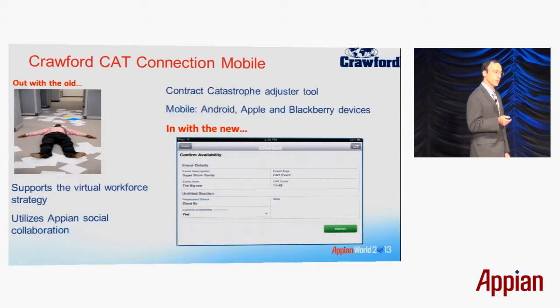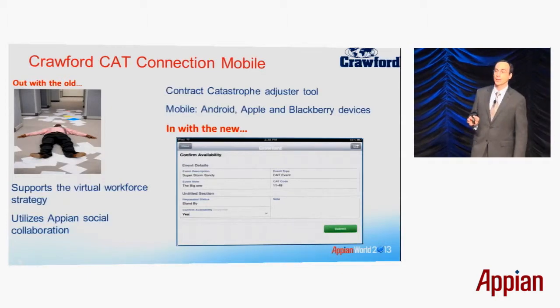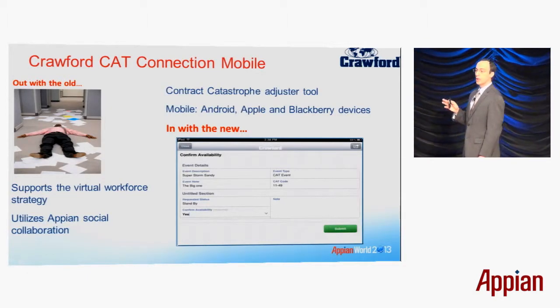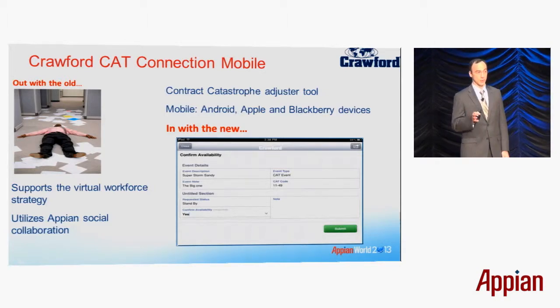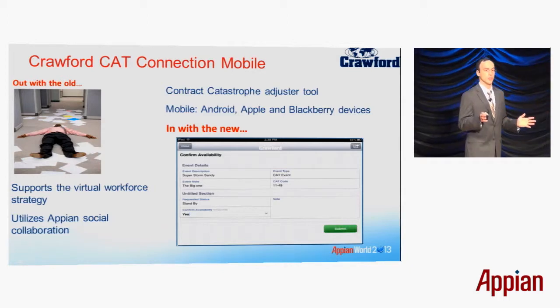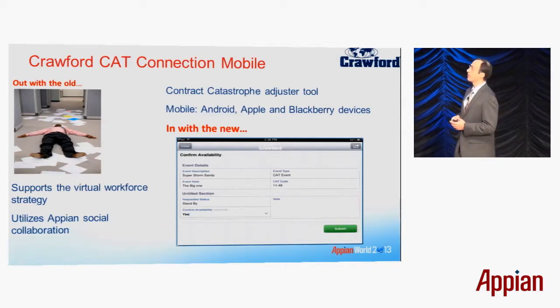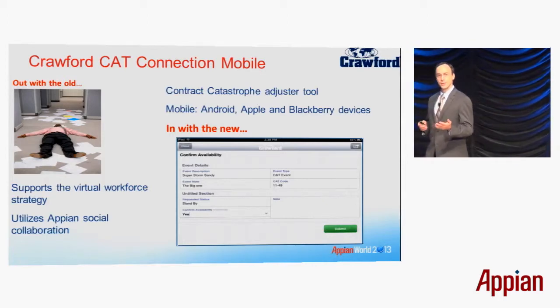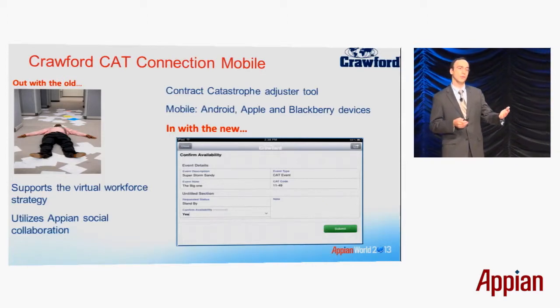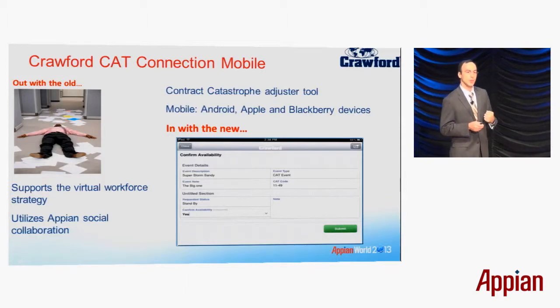An important part of that application is the mobile aspect. As Brian mentioned, mobile is very important to us because a big part of our workforce is out there in the field. So we have CAT Connection Mobile that enables us to communicate with the adjusters out in the field and also to receive communication back.